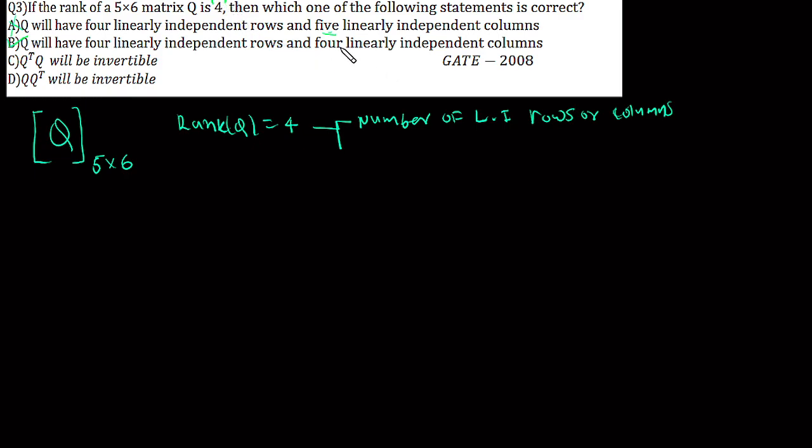It simply means that the matrix has 4 linearly independent rows and 4 linearly independent columns. So option B is the correct one. Now option C does not always hold: Q transpose times Q will be invertible. We are not sure. And again here, Q multiplied with Q transpose will be invertible. So now we have reached the conclusion that only option B is the correct one for this question.